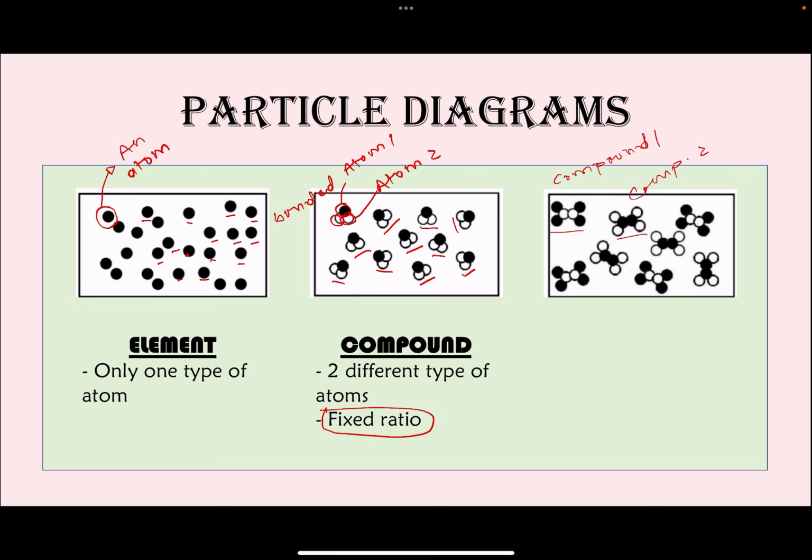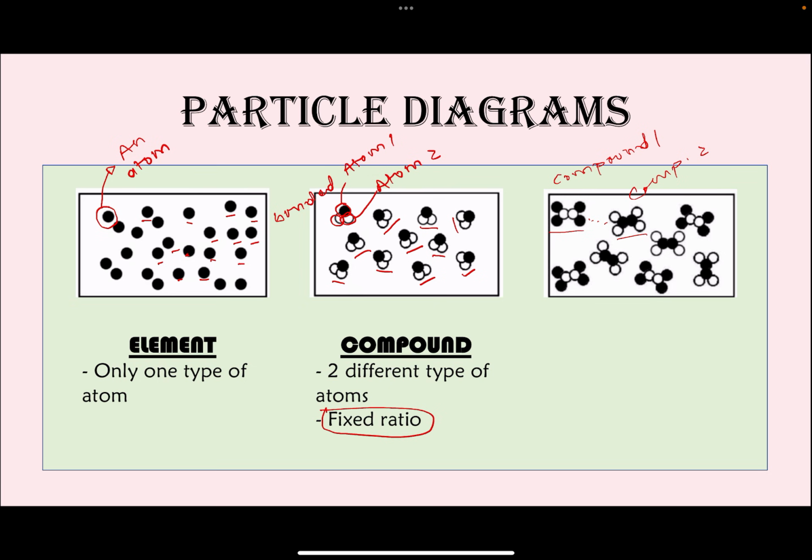So because compounds are pure substances, and we see different types of pure substances in this diagram, and as you can see, these 2 compounds are separated from each other, meaning they are not like the atoms in the compound which are actually next to each other, meaning they are bonded. These 2 compounds are not bonded to each other. They are in the same diagram, but they are not joined to each other.